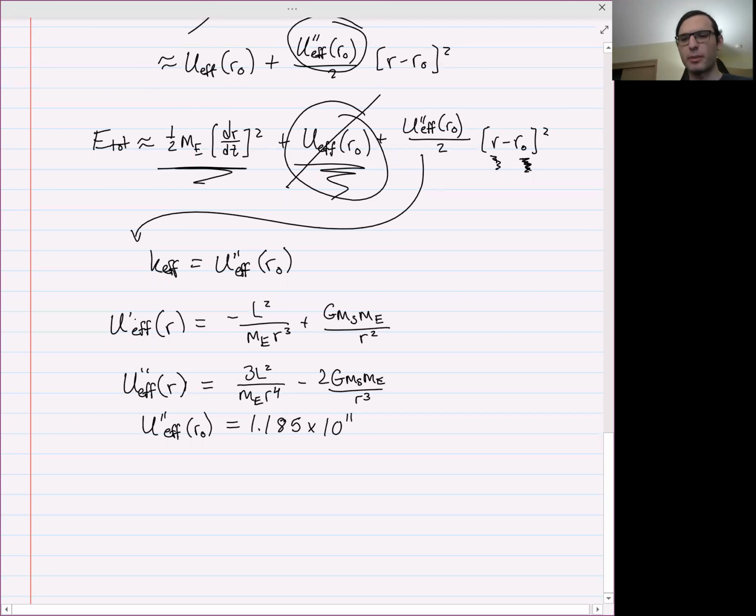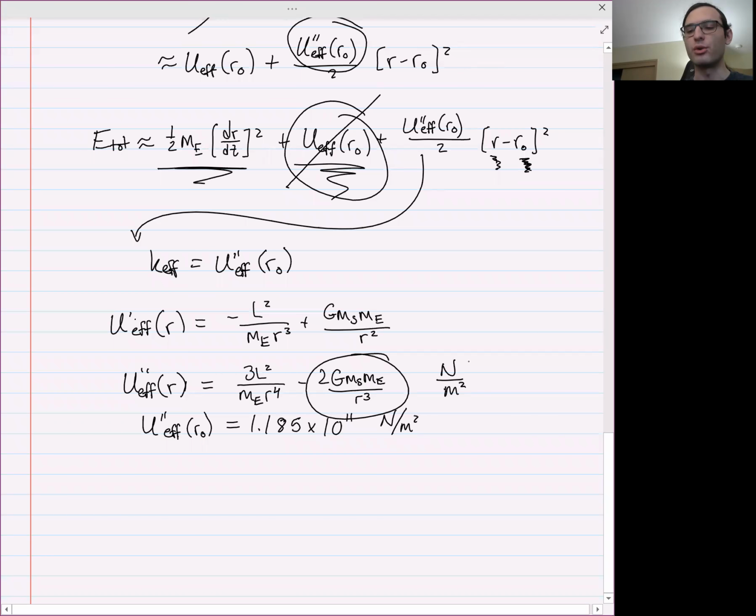And let's think about the units for a moment. This bit has units of newtons per cubic meter, newtons per square meter. So that means that this should have units of newtons per square meter.